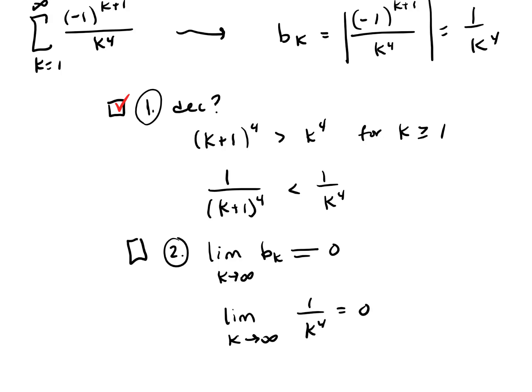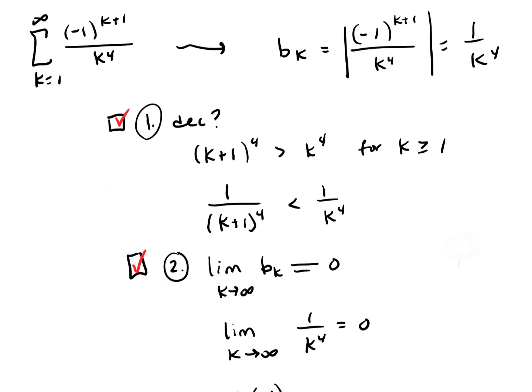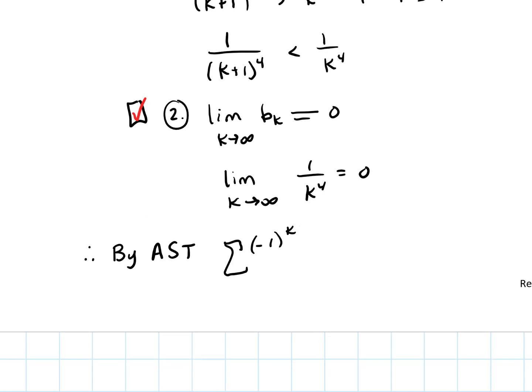So we can check that box as well. Okay, so therefore, just a quick little reminder of how we show alternating series: by the alternating series test, this series, the sum from 1 to infinity of -1 to the k plus 1 over k to the 4th, converges.